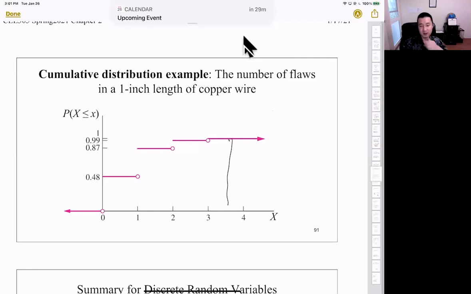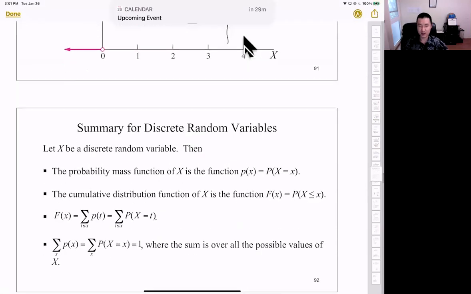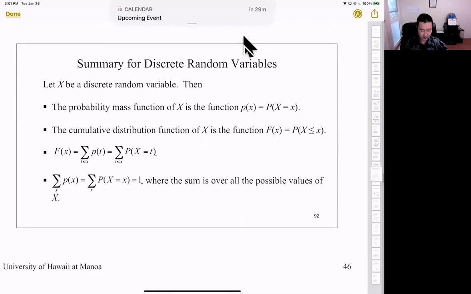So in summary, in this section 2.4, we discussed discrete random variables. The concept is very simple, so nothing too complicated. We discussed what the PMF is: P(X = x).